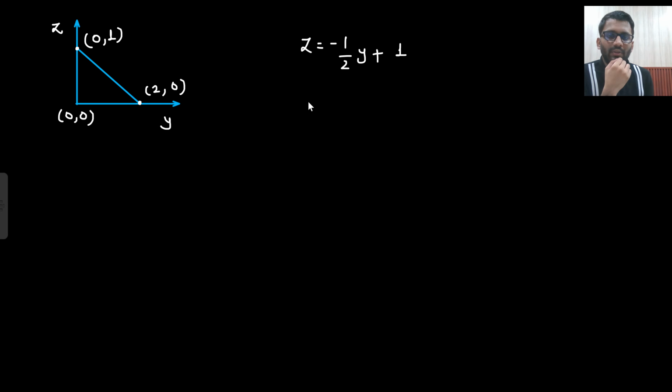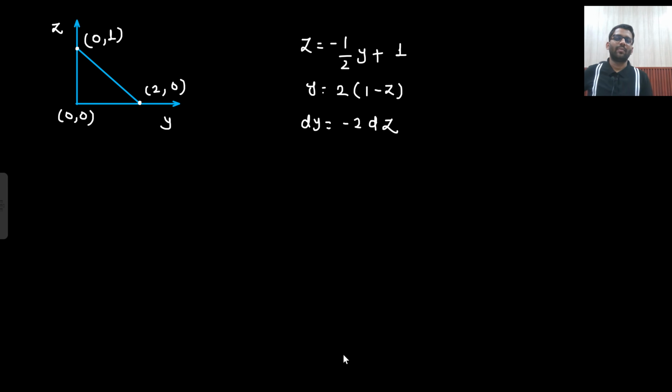So what I am going to do is that my y will be 2 into (1 minus z), so my dy will be minus 2 dz. This is how I am going to replace y with z.